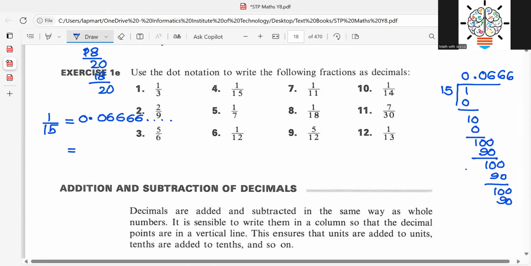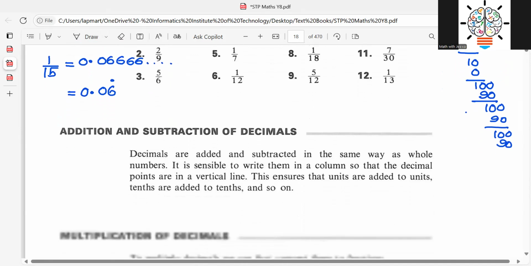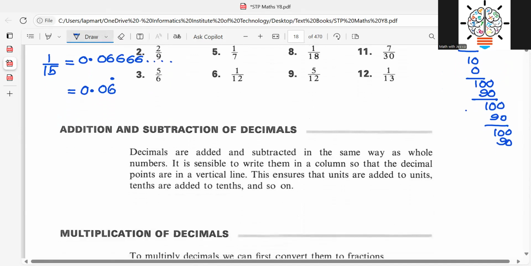How do you write this in dot notation? 0.06, with the dot on top of the 6. When you write 1 over 15, that is 0.066 like this, right? And then question number 5, it is 1 over 7.